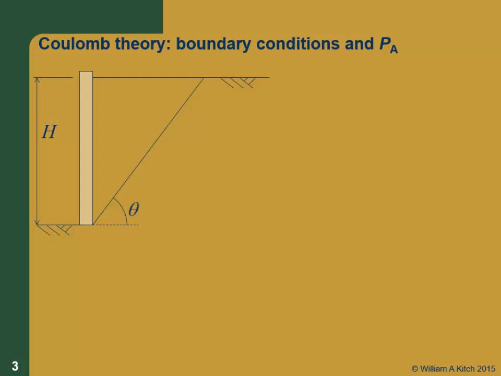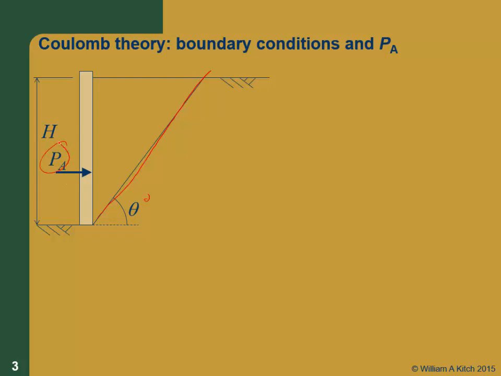And the easiest way to understand Coulomb theory, I think, is to think of it as a graphical analysis. So we're going to do this as sort of a graphical analysis, and then we'll derive the equations and solve the analytical part. So we're going to assume that we have some failure wedge here at an angle theta from the horizontal.